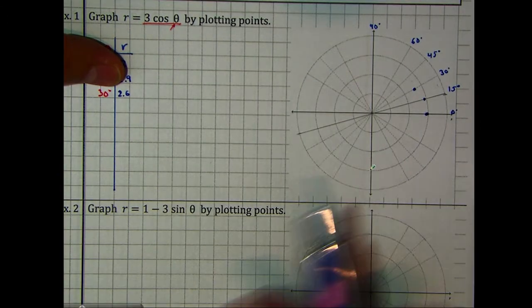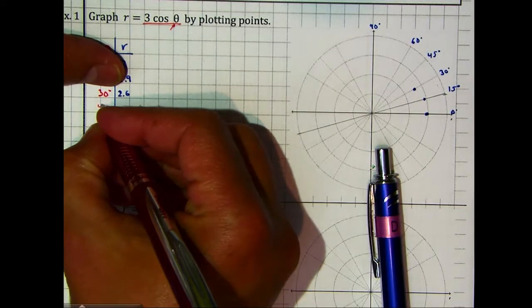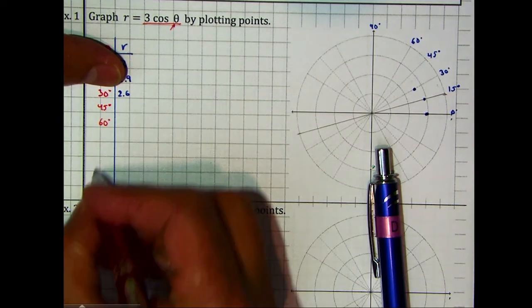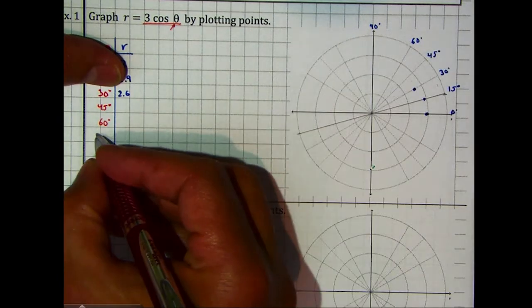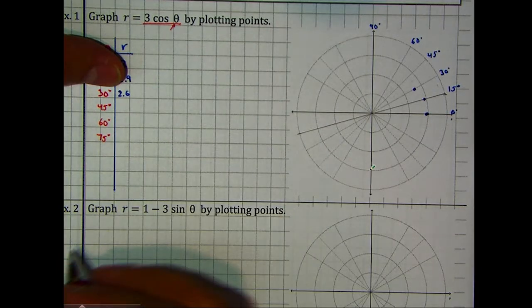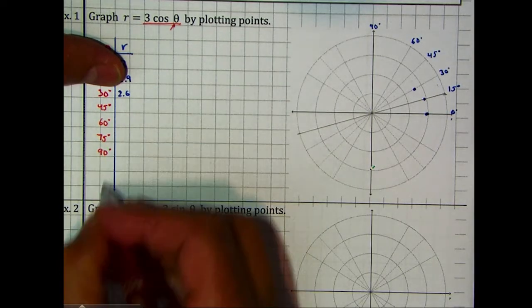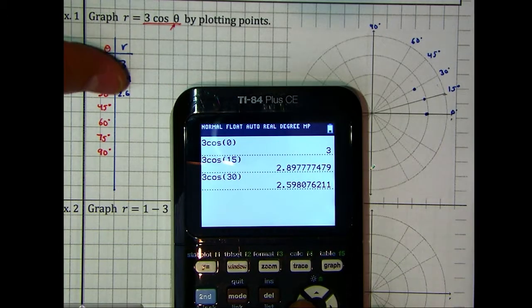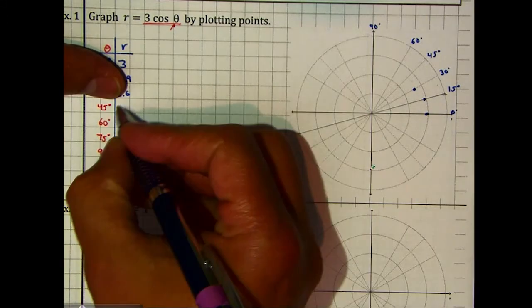Then we're going to continue with 45 degrees, then 60, then 75, every 15 degrees for this homework, 90 degrees. So at 45, it will be 3 cosine of 45, 2.12, so 2.1.